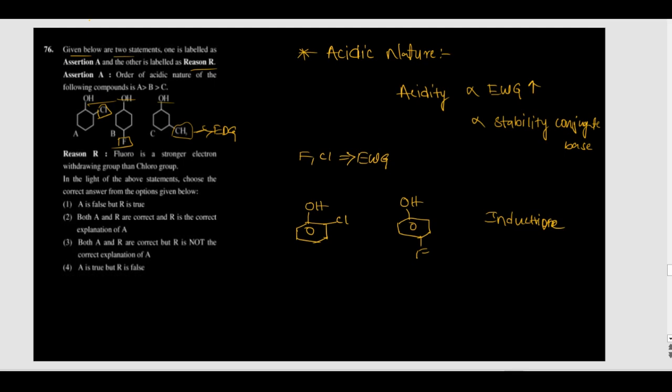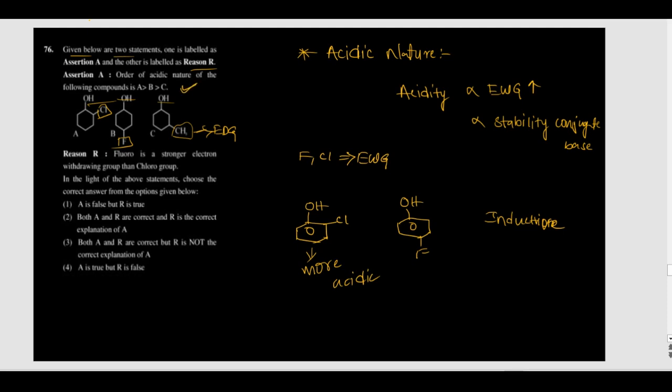So we can say that this is more acidic than this. Anyway, fluorine is more electronegative, but due to the inductive effect depending on distance, this is more acidic as compared to this one. So A is greater than B is greater than C. This assertion A is correct.